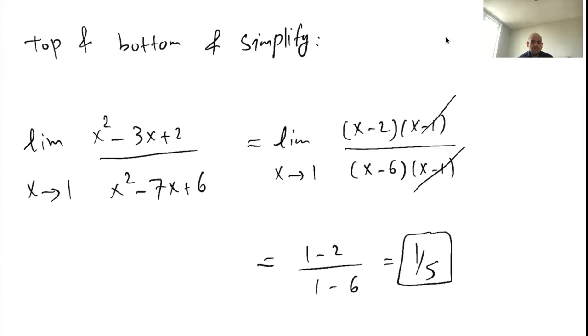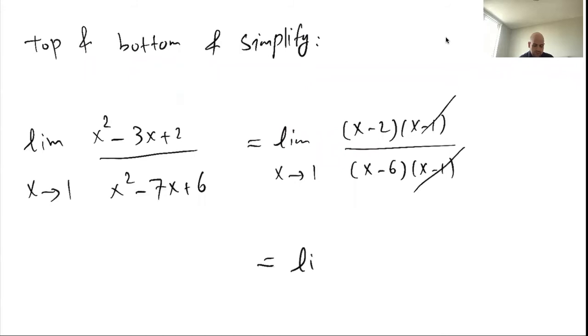Because when we cancel x minus 1, again, this is not 0 because x is not equal to 1. Then we are left with x minus 2 over x minus 6. Maybe I can also include that middle step here, just to be more clear.